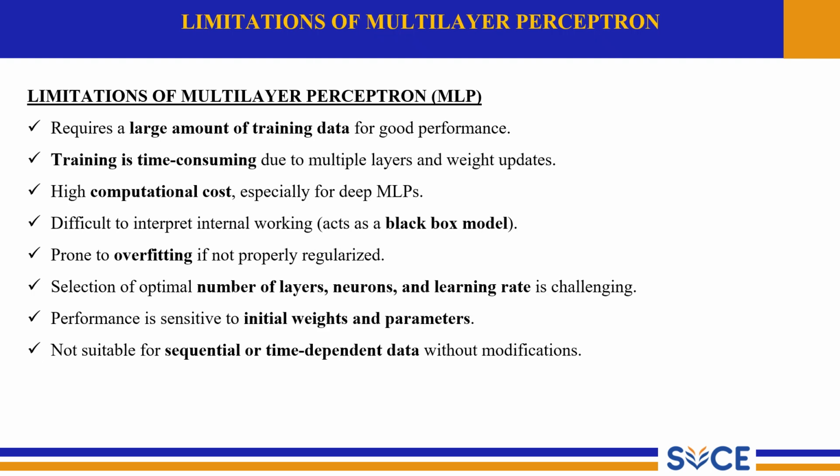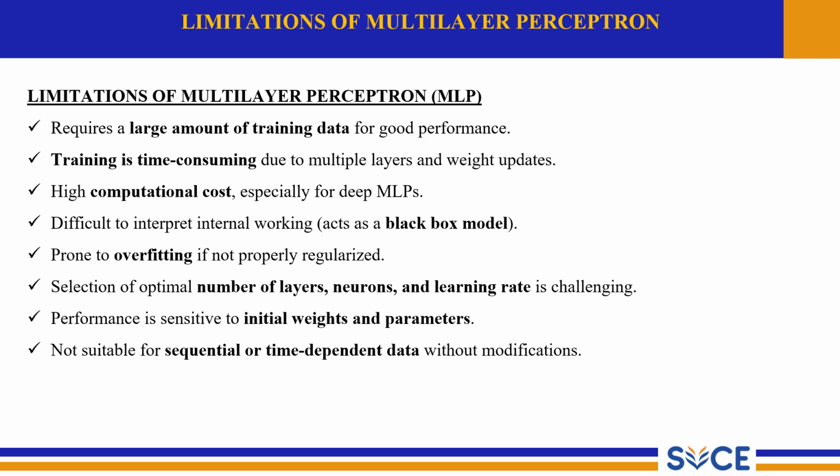Limitations of multi-layer perceptron. MLPs often require a large amount of training data to perform well. Without enough data, the network may fail to learn the underlying patterns effectively. Training is time consuming because the network must compute weighted sums, apply activation functions, and perform multiple weight updates across several layers.